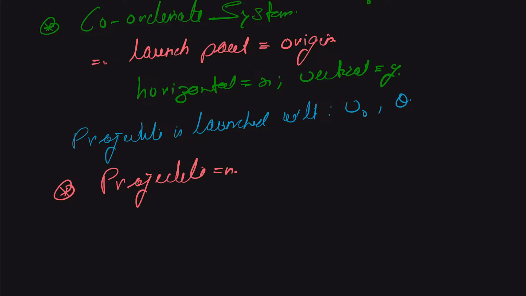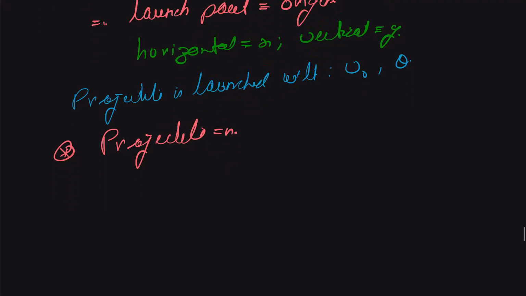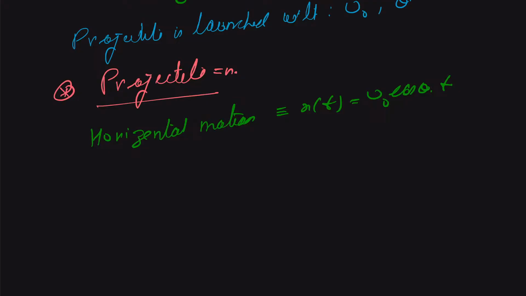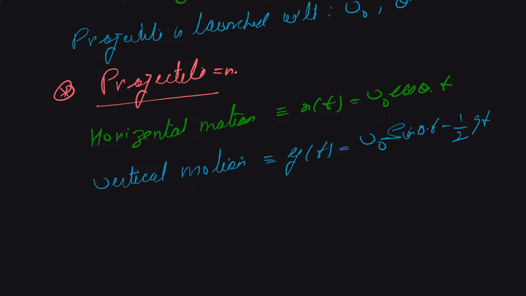And projectile equations give us that for our horizontal motion, x of t is v naught cos theta times t, and for our vertical motion, we can write y of t is equal to v naught sin theta t minus half g t square.